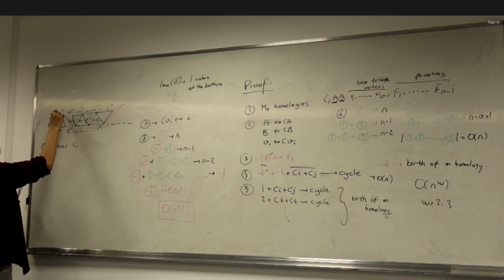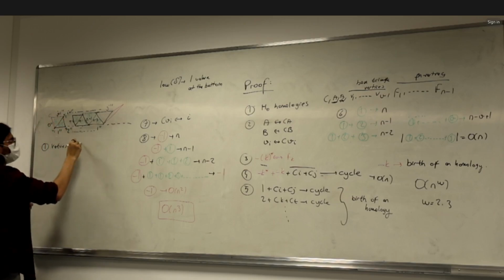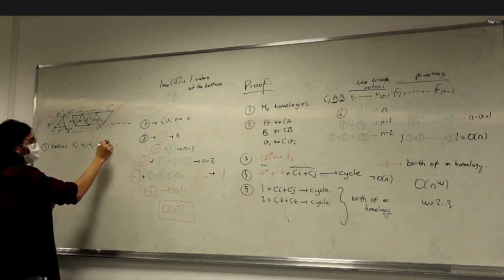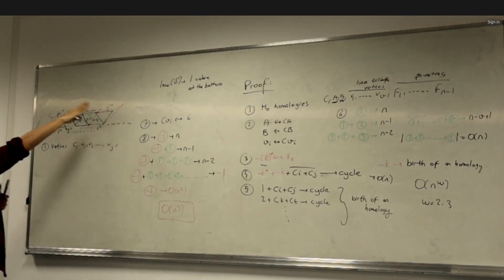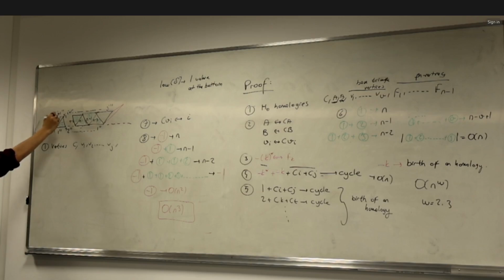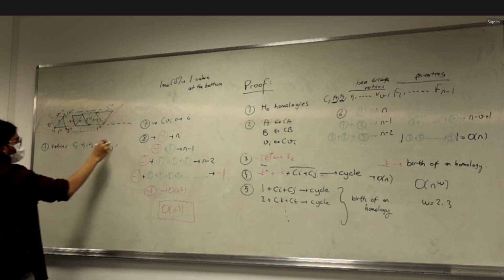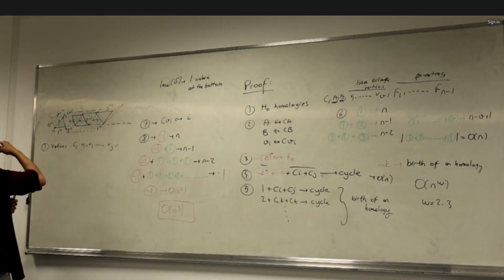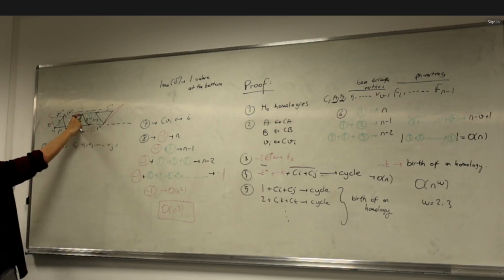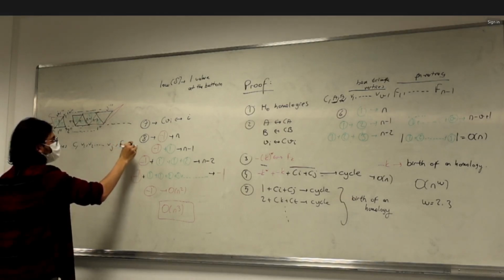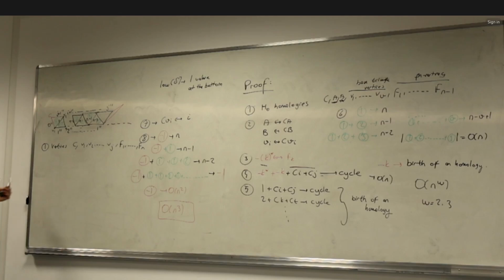You can say V1, V2, V3. I would say Vj. And then we will also have n many thin triangles. So we add n many thin vertices.